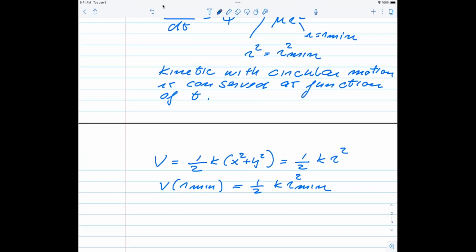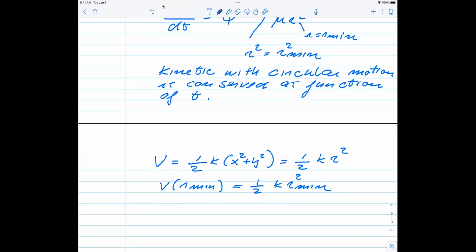So gem number 2 should now be obvious, right? So what happens to the potential energy as a function of time? It's also conserved. Because r min is a constant now, and k is a constant, so this is just a conserved quantity.